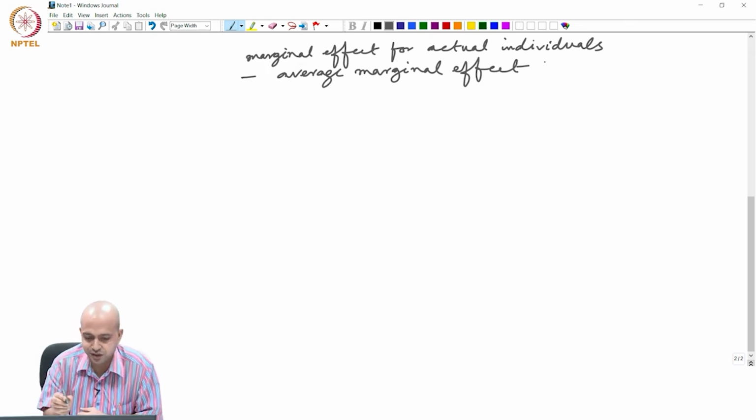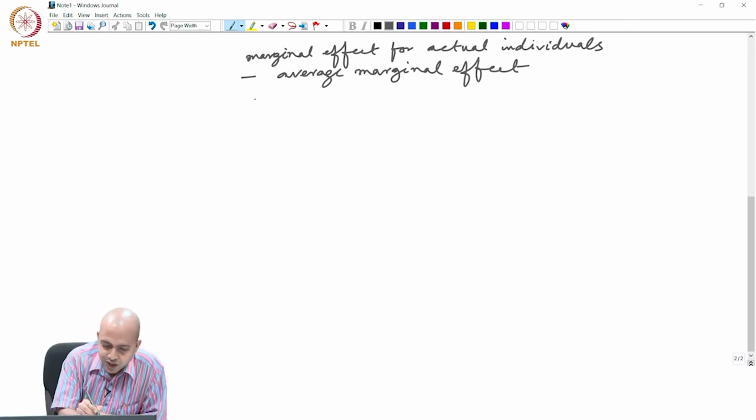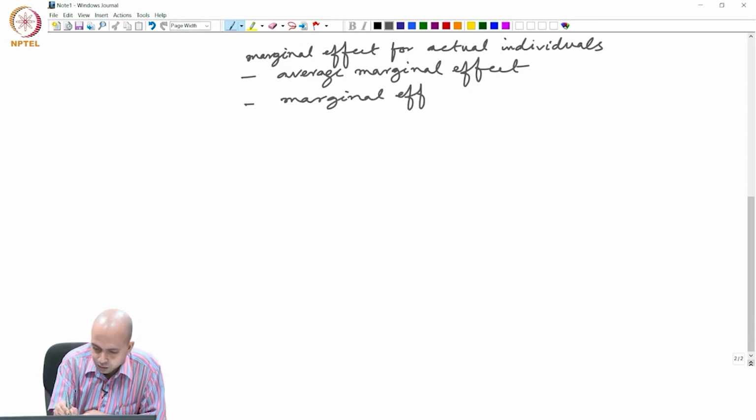These are two different things. The average marginal effect, and what we calculated earlier was the marginal effect for the average individual.